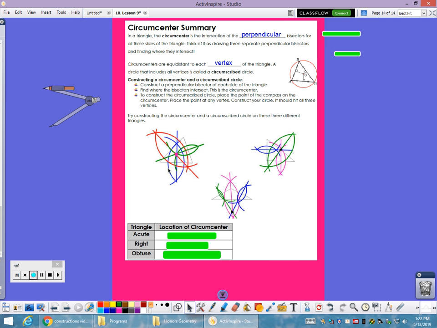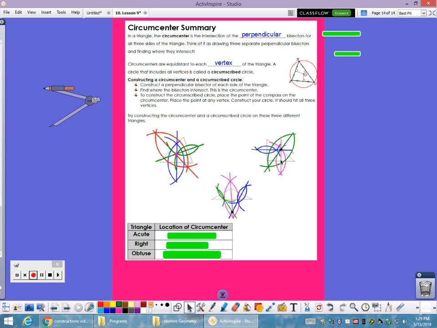All right, notice there were three different examples we looked at. When we had an acute triangle, where all three angles were less than 90 degrees, the circumcenter was inside.